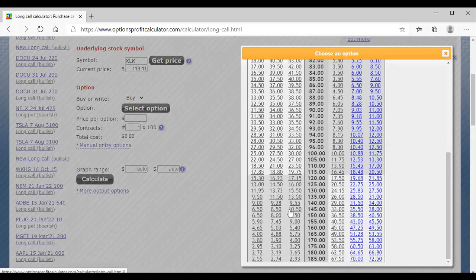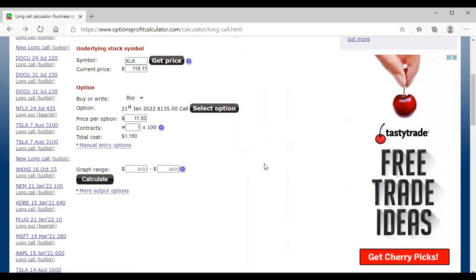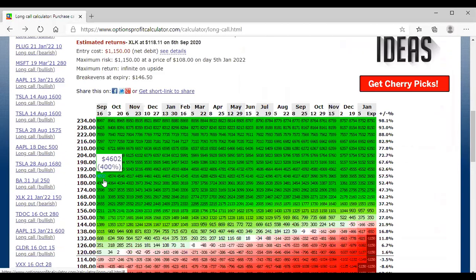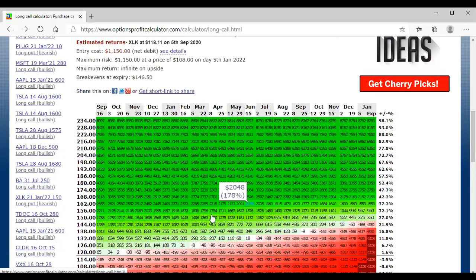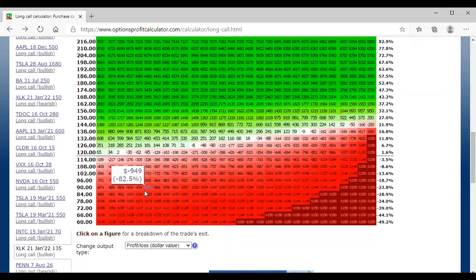Now, with that being said, you can choose one up or one down, whatever you want. I personally wouldn't do this contract. It's just too high for my blood for an ETF. I would wait, but these are the kind of charts you want to see. All this green and just a little bit of red.